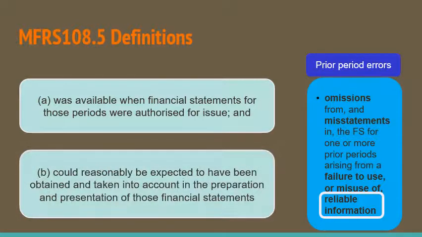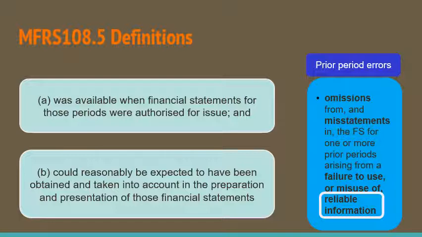And the second condition is, it could reasonably be expected to have been obtained and taken into account in the preparation and presentation of those financial statements. This means that the reliable information is there, available to us. We can have access to it and we can easily obtain it if we want to, no restrictions whatsoever.